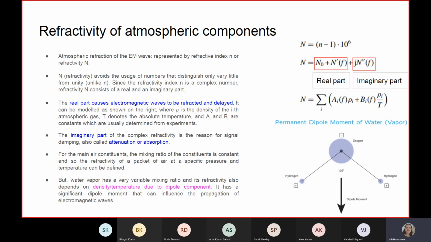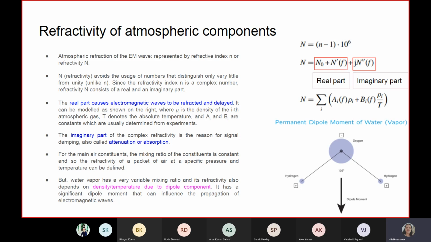That is why we use another parameter known as refractivity instead of refractive index n. Instead of small n, we use capital N in computing our tropospheric delay. Why are we doing this? So that we may distinguish values slightly better than values from unity.